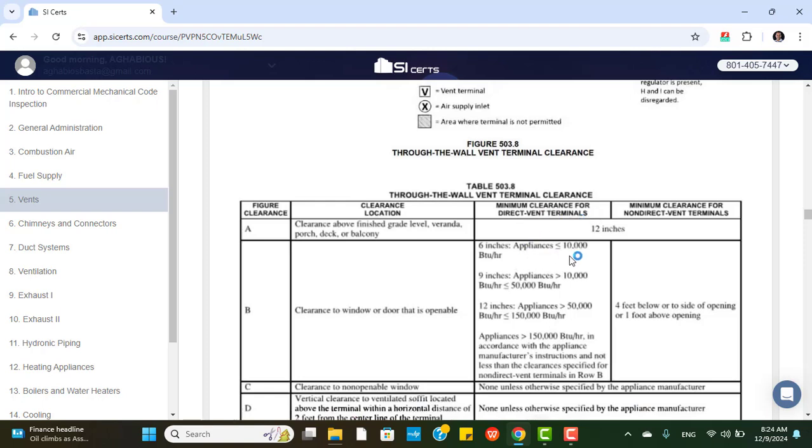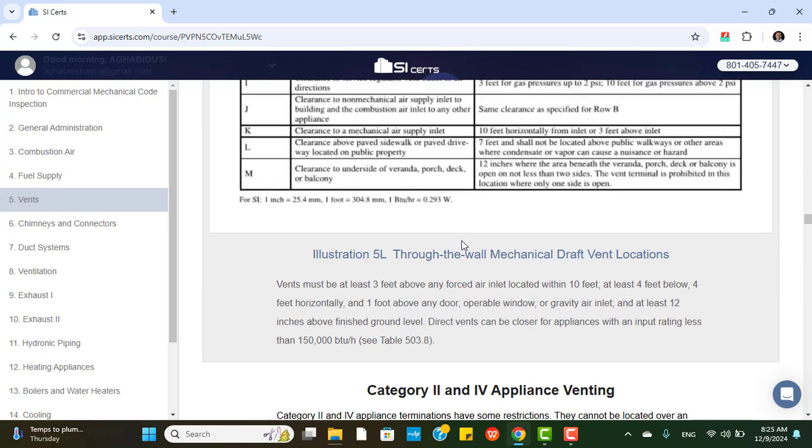If the appliance is less than 10,000 BTU per hour, it will be 6 inches, and the clearance will be 9 inches if it is more than 10,000 and less than 50,000 BTU per hour. It will be 12 inches if the appliance is more than 50,000 and less than or equal to 150,000. Okay, this is the through-the-wall vent terminal clearance.